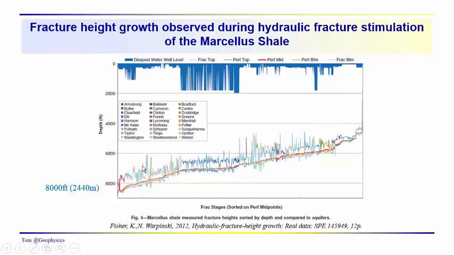We have some higher frac height growths down here. But for all these wells, the maximum frac height growth for wells around 7,000 feet is on the order of about 1,900 feet or 586 meters. So we're nowhere close to the water table here.